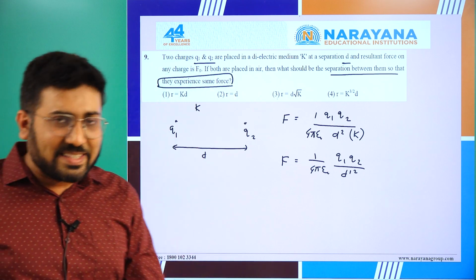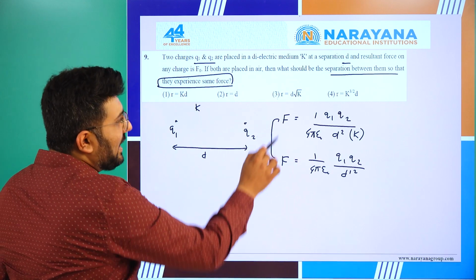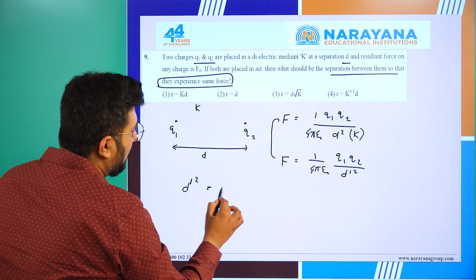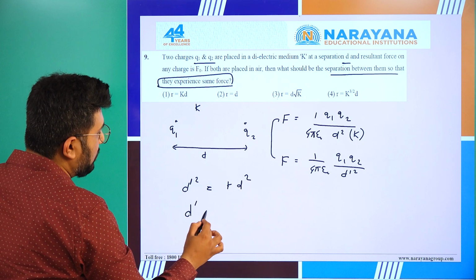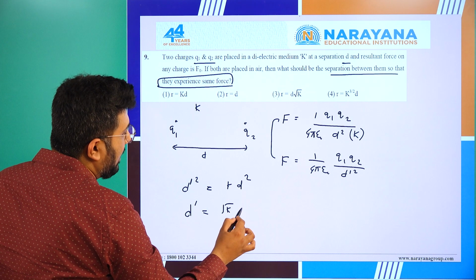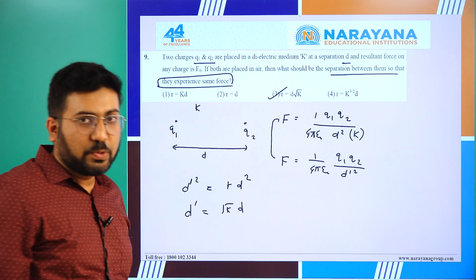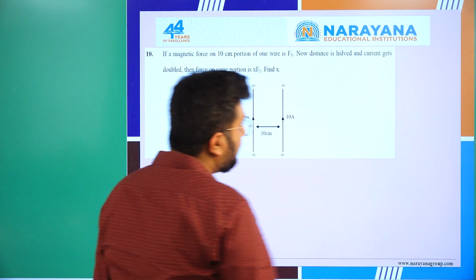So if I equate these two, I can clearly see d dash square will be equal to k d square. That means d dash should be equal to root k into d. So your answer will be option 3, root k into d. Let's go to the next question.